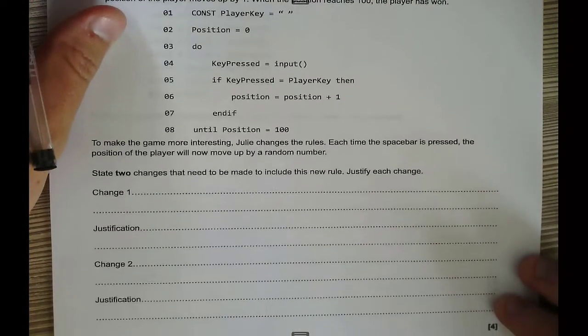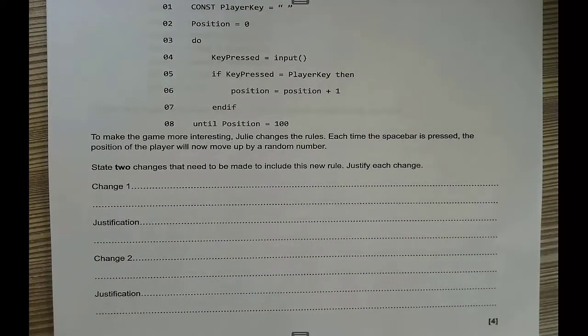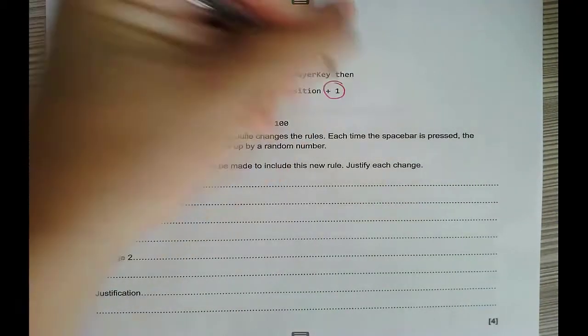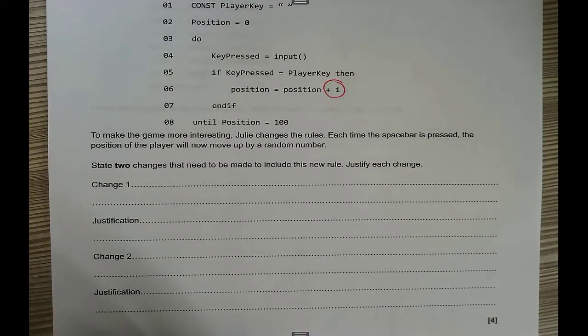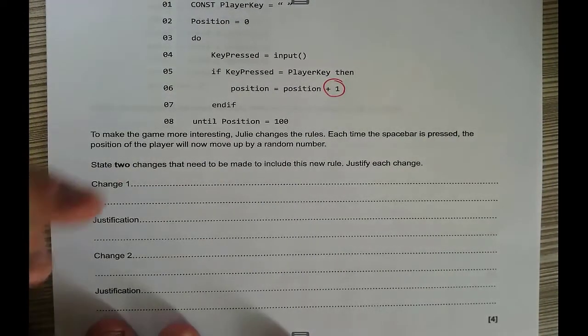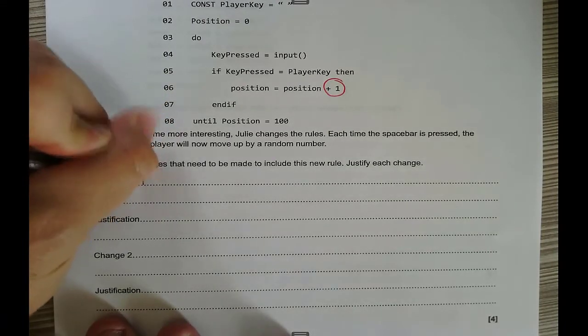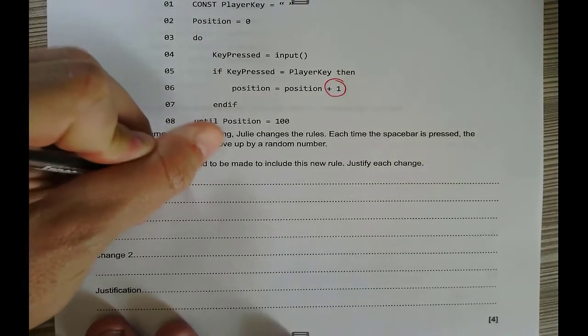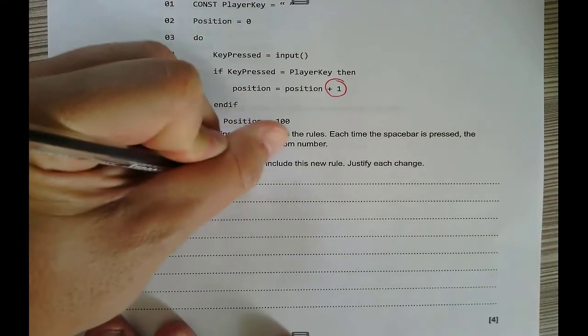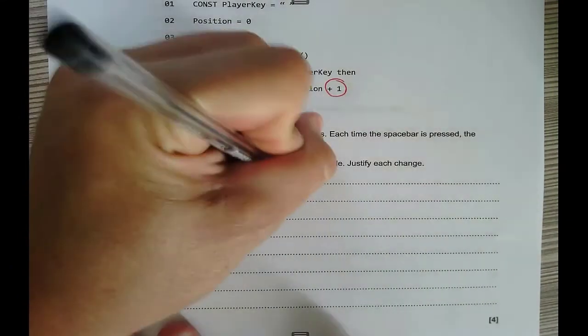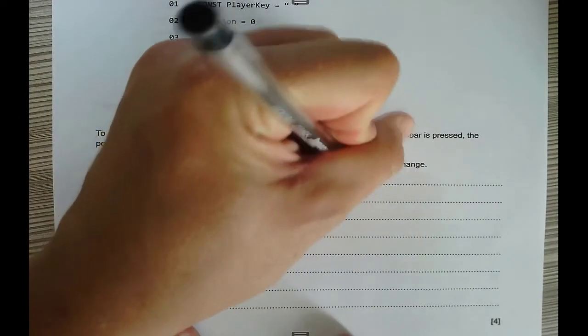So I'm just going to shuffle this up. Okay, so first of all, I think it's worth noting line number 6, where position equals position plus 1. Well, if she wants it to be a random number, it can't be position equals position plus 1. So the first change is that position equals position plus 1 needs to be changed.